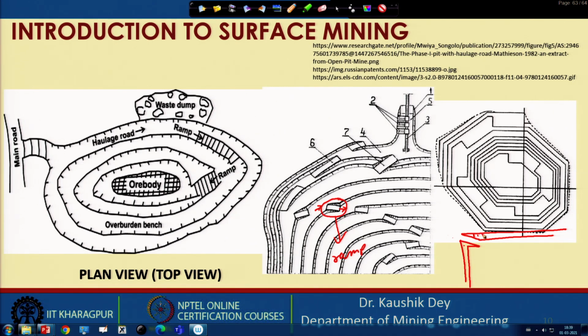So, this is crest line, this is also crest line, and this is showing the ramp, because here the elevation is less. So, this is called ramp, and you can clearly understand this ramp is going from where to here.